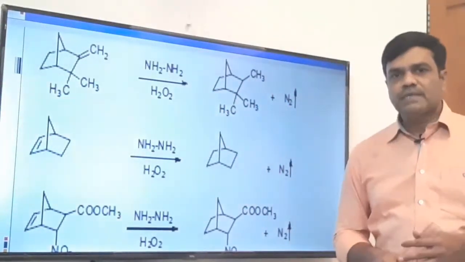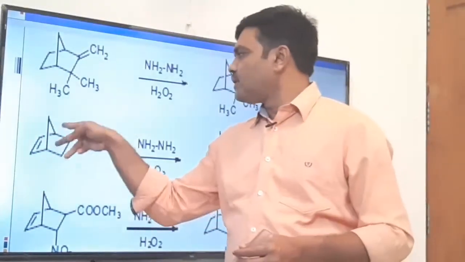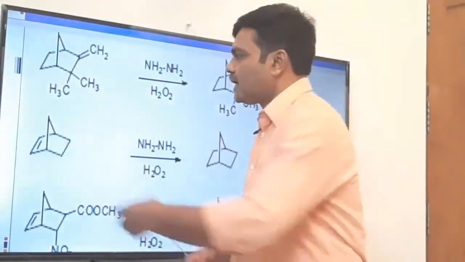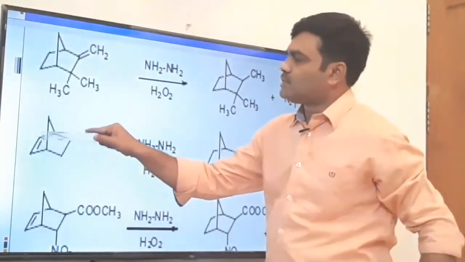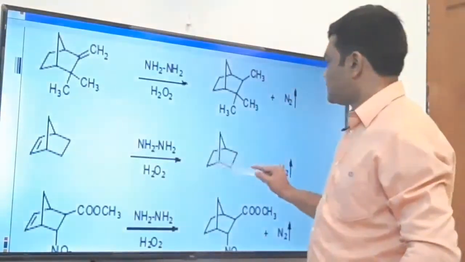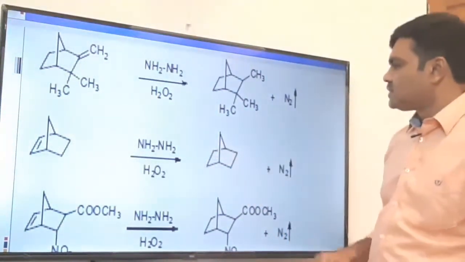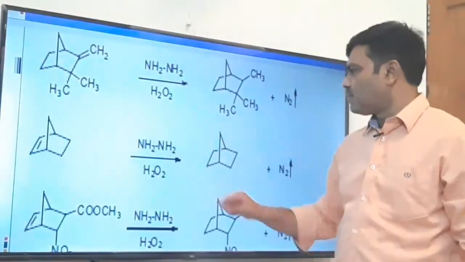Of course, the addition is syn addition. Here a norbornene carbon-carbon double bond is there. Addition takes place across this double bond from the same side, and we get this alkane. C double bond C is converted to CH2 single bond CH2.